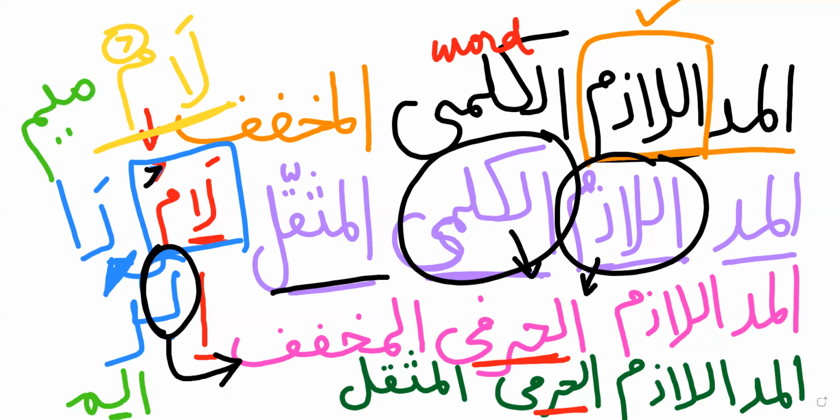So these two mims are going to merge together. And what happens when you merge the mim with mim? You stretch it to 2 count. You make it 2 count long. So this is why now the lam in alif lam mim is going to be called al-mad al-lazim al-harfi muthaqqal.